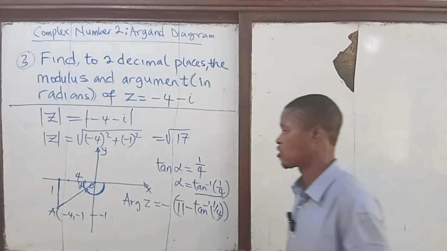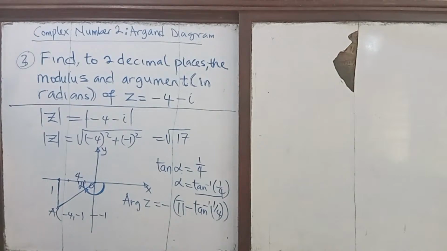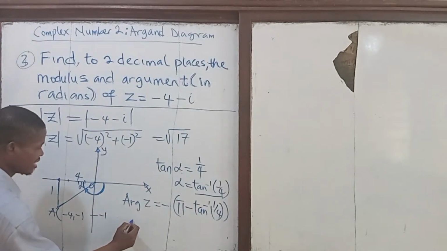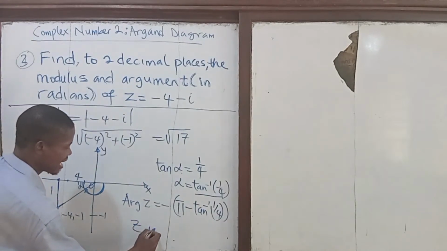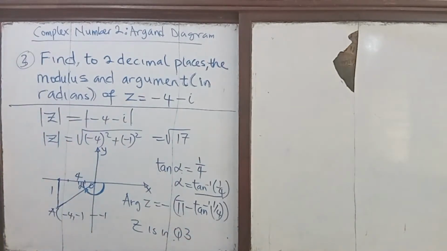That is the essence of making a sketch, so you can see which quadrant it falls in. This falls in the third quadrant. Z is in Q3, the third quadrant.